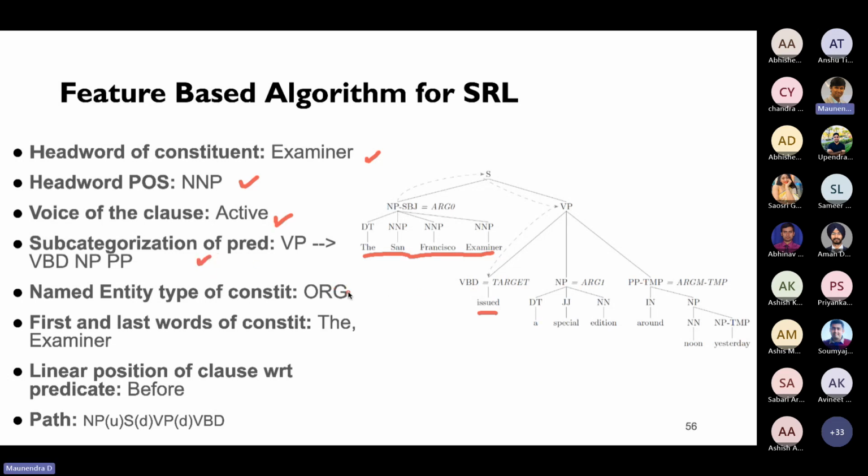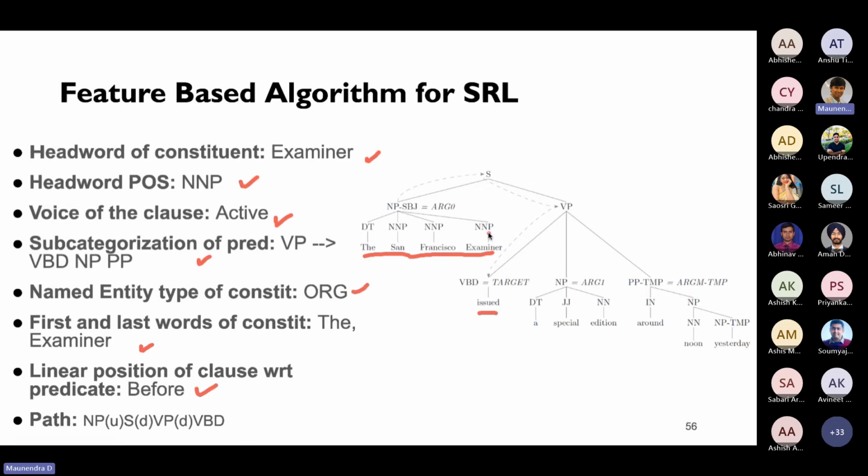Named entity type of the constituent, organization. First and last words of the constituent, The and Examiner. Linear position of the clause with respect to the predicate. So it comes before the predicate. So before. And the path that you take to come from the head word to the predicate.